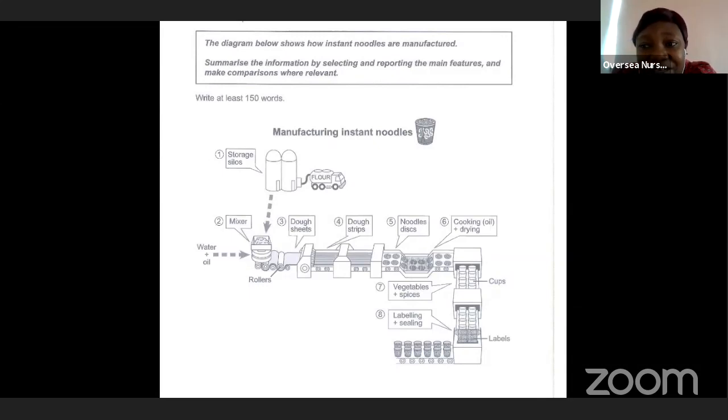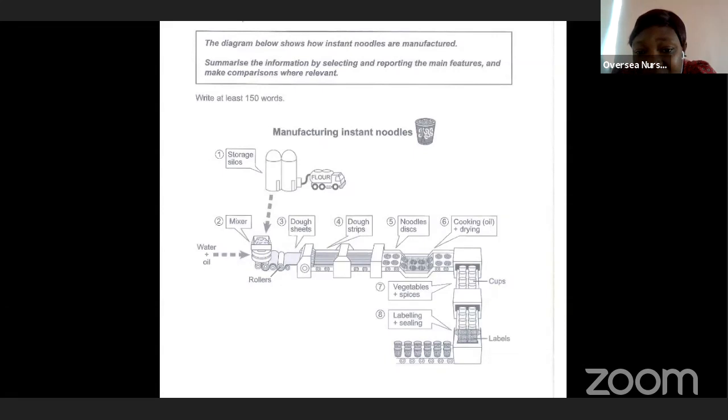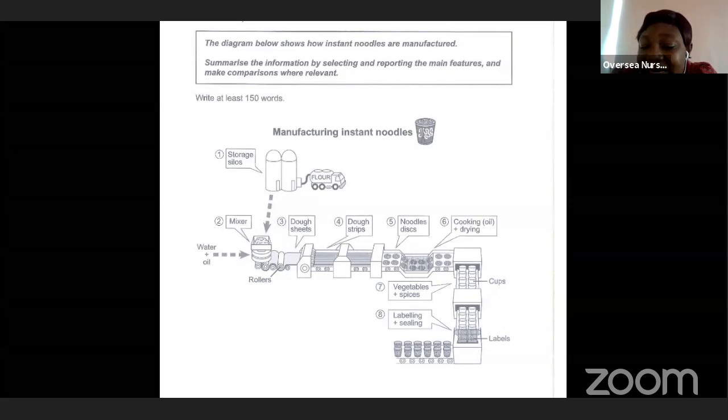You can call that a machine or a device. These dough strips are what is going to form the noodle discs at the end of the day. And then cooking oil is added into it and is allowed to dry. From there, it enters into cups, and while it is entering into these cups, vegetables and spices are added into it. It passes through another device again and proceeds for labeling and sealing.